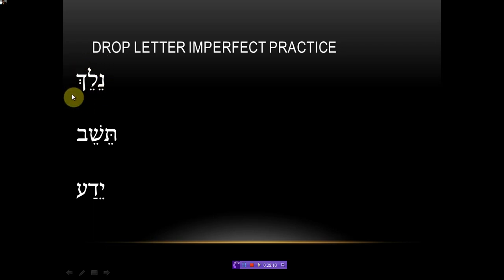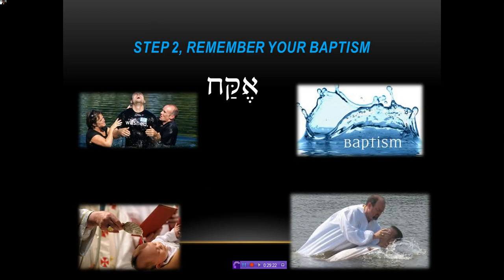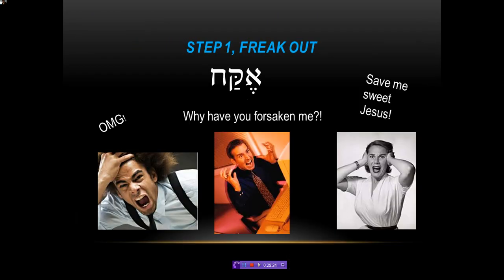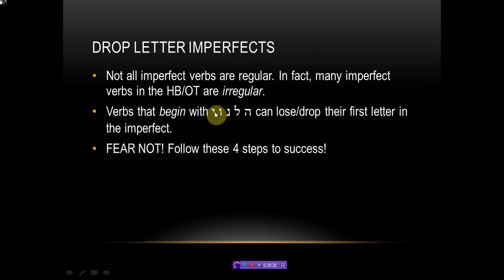Okay. Lamed and Kaf. Do you know any verbal roots that end with Lamed and Kaf and that begin with one of these: Yod, Vav, Nun, Lamed, or Hey? Can you remember?